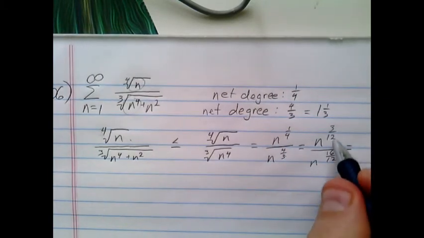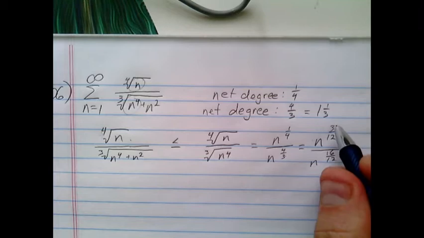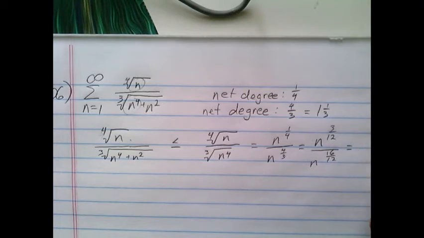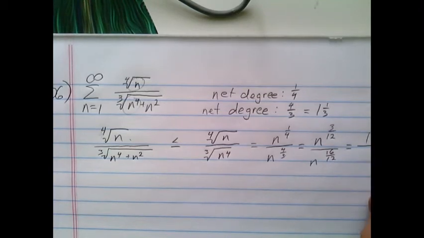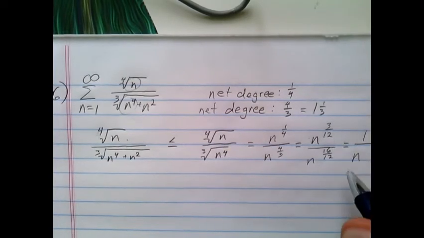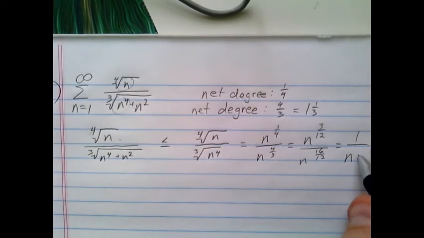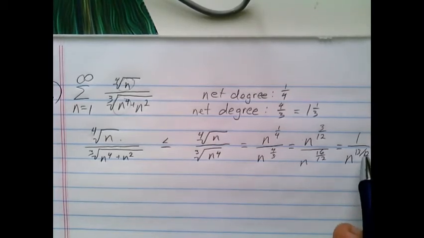Now I can subtract. 16/12 minus 3/12 is 13/12. And since the bigger power is in the bottom, that's where n will be left. N to the 13/12. Now 13/12 is not a lot bigger than 1, but it is bigger than 1.